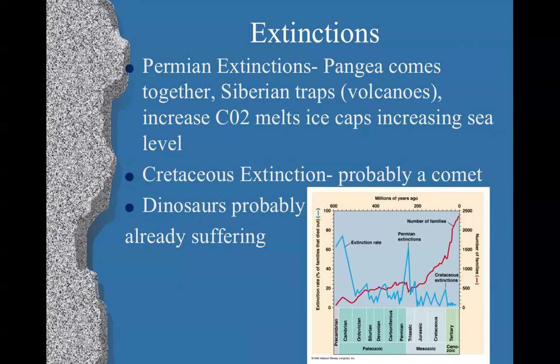Although in the last couple of years there have been a number of paleontologists who have started to say that that's not correct either, that many groups of dinosaurs were still thriving at the time that the comet hit. So there's a lot of debate about the Cretaceous extinction and whether it was even caused by a comet or not, and then after that, were the dinosaurs already having problems, or were they fine?